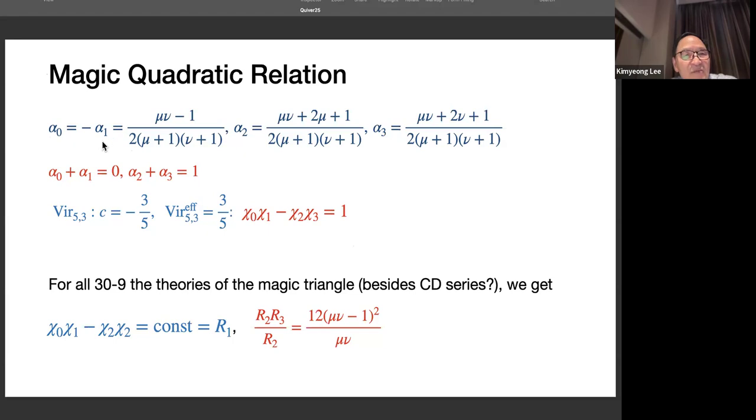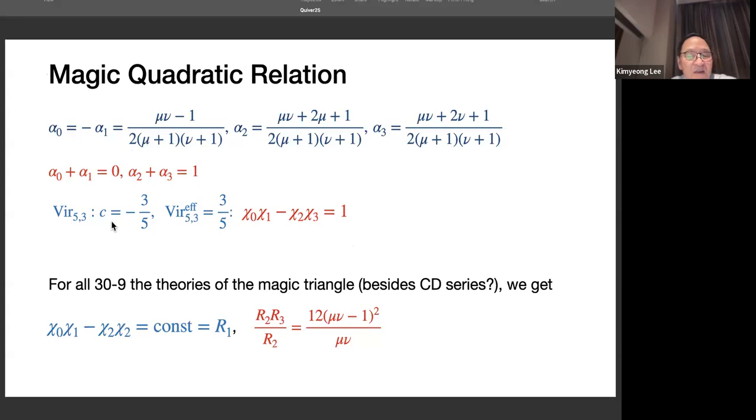But the vacuum operator and this first primary operator have exponents of opposite sign. Now, for the second and third one, the exponent is given in this form, and their sum equals 1.